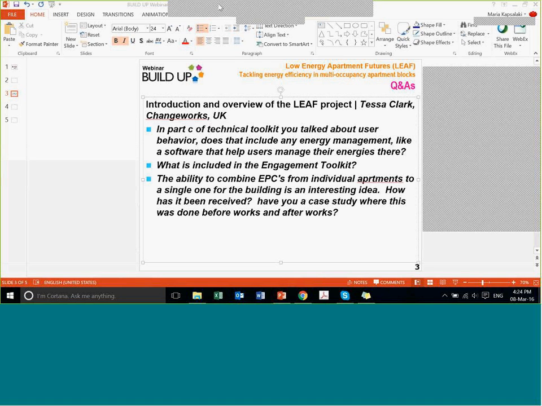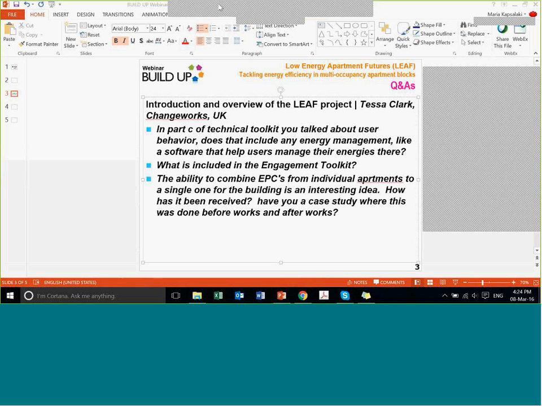What I would say is this is an Excel tool that combines multiple EPCs. It doesn't carry out any further calculations, so it just summarizes all the findings from the different individual apartments and pulls it all together into one document. There's no other calculations behind that.